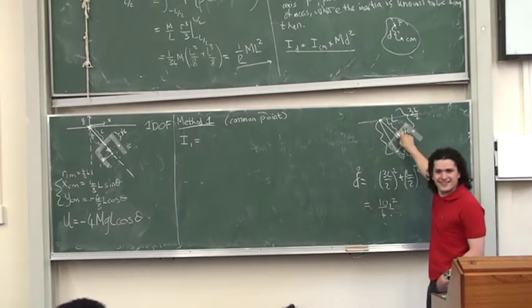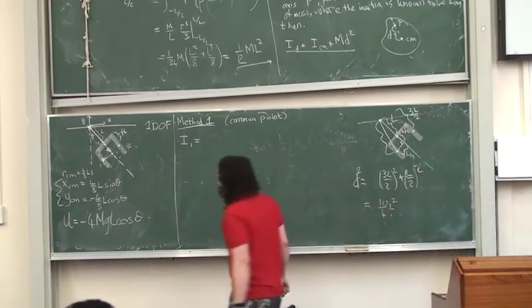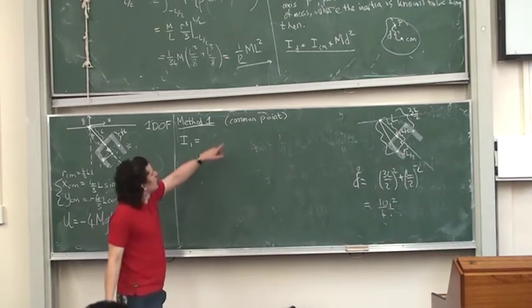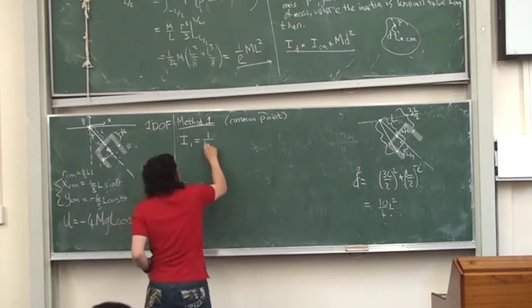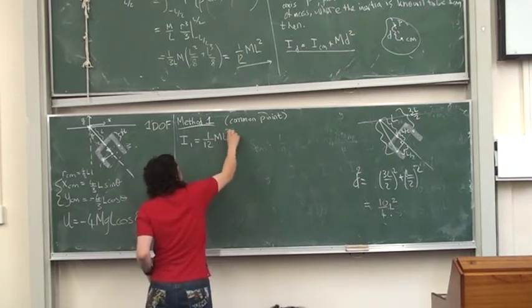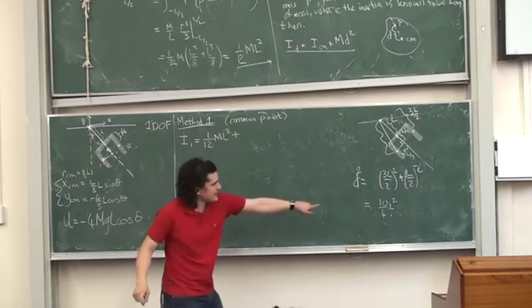Right? Yeah. So let's work out I1. It is going to be equal to I_CM, which we know is 1/12 mL squared, plus m times d squared.